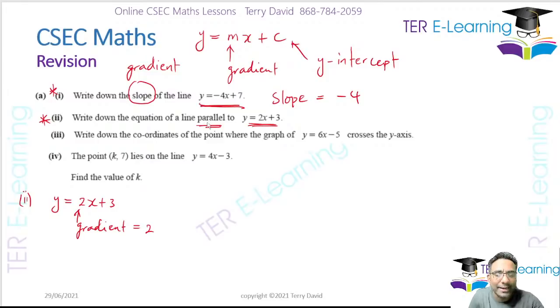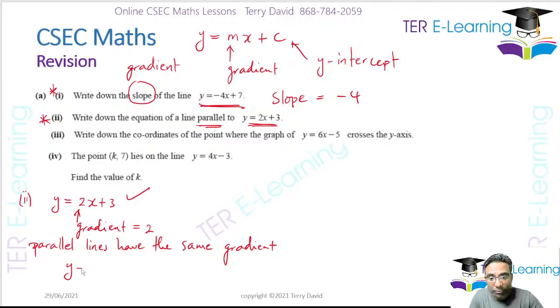Now, parallel lines, that's something you all need to know. Parallel lines have the same gradient, right? So therefore, any line that is parallel to this line should have a gradient of 2.